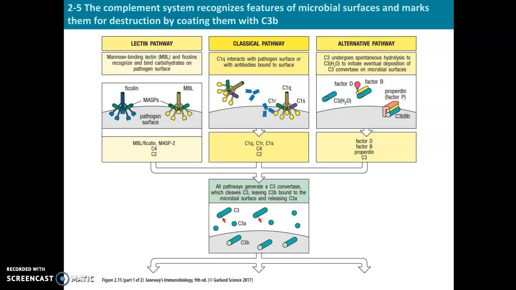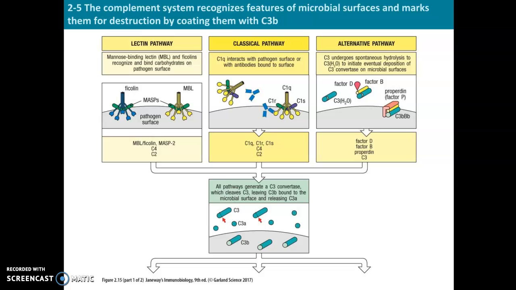When they cut C4 and C2, those two proteins together are called the C3 convertase, and they cut C3. When you cut C4, C2, and C3, the two pieces both do something.